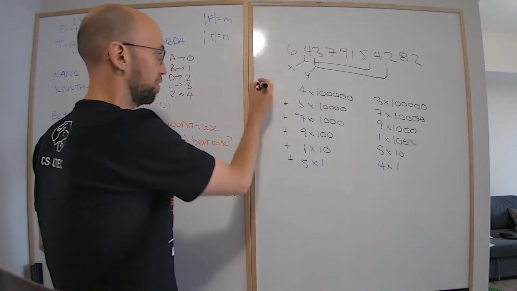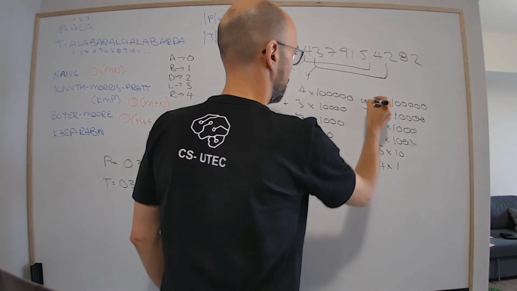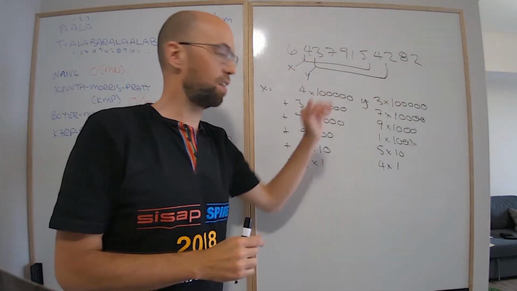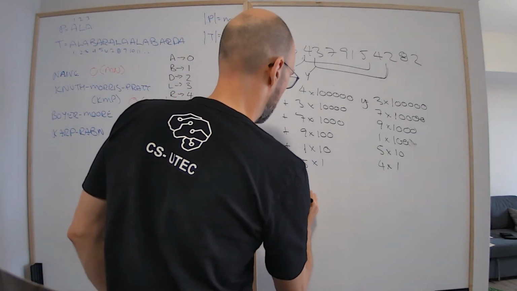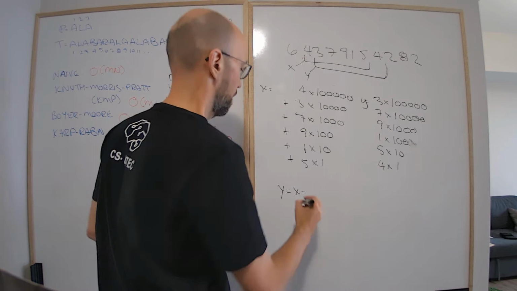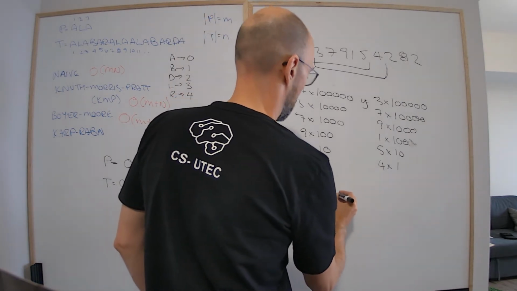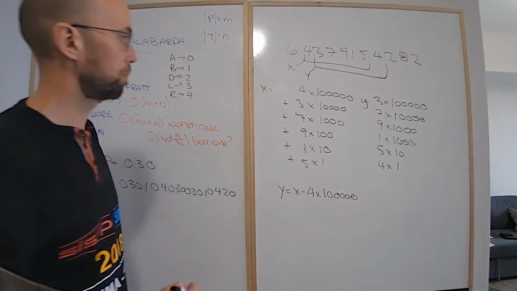Okay, so x is this, y is this. To get y from x, we don't have to do all these multiplications and additions again. We can just say that y equals x minus 4 times 100,000, right?